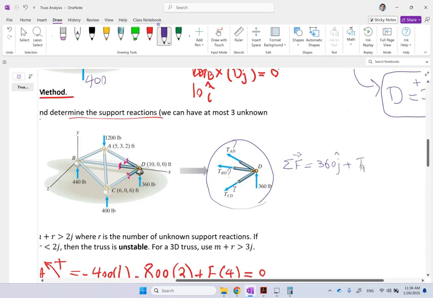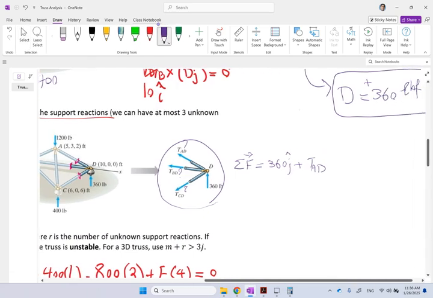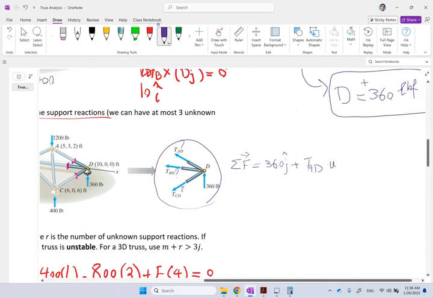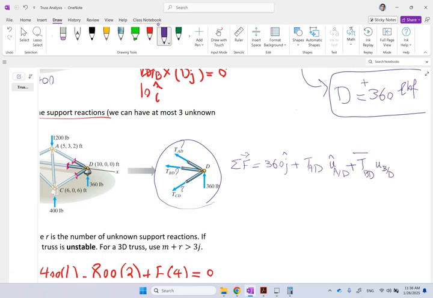TAD magnitude, whatever it is that I don't know, along the unit vector of A with respect to D, plus T of BD along unit vector of B with respect to D, plus T of CD times unit vector of C with respect to D. This is equal vector 0.